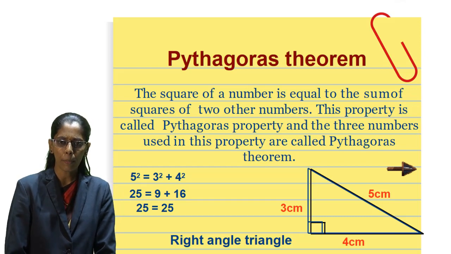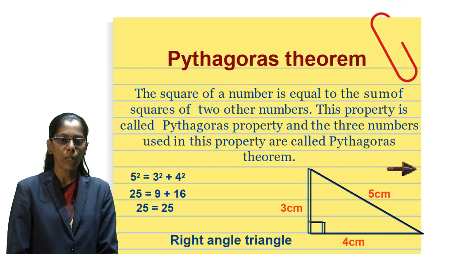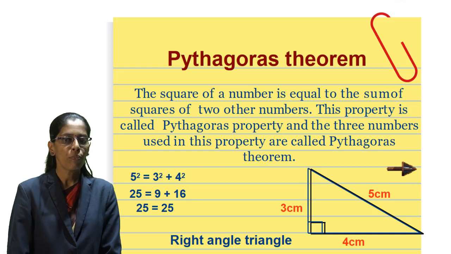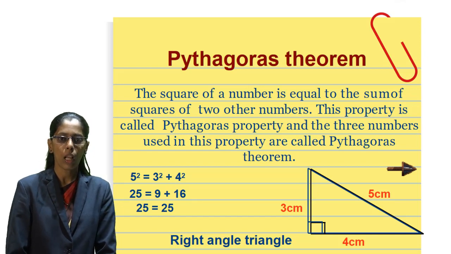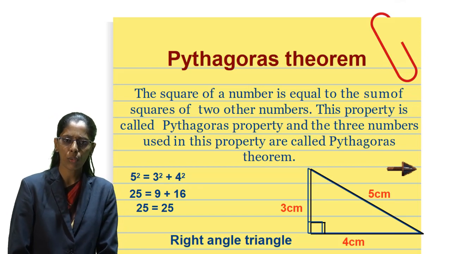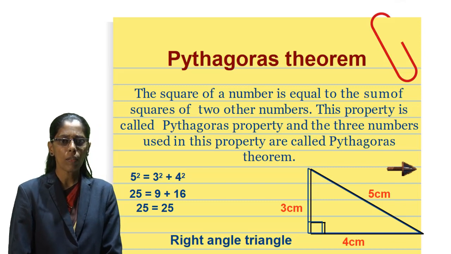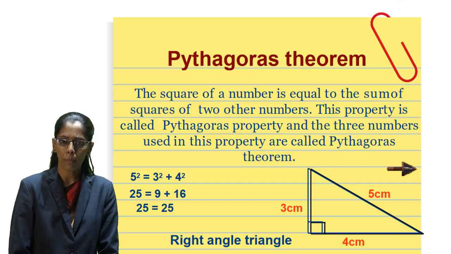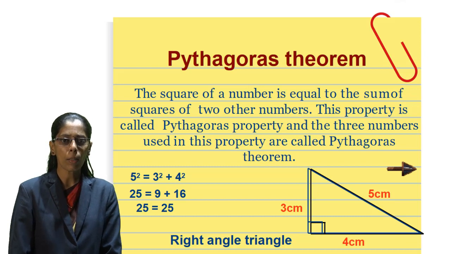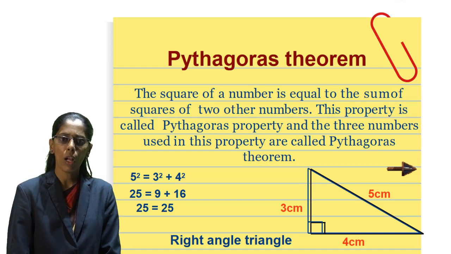Let us see one example. One right angle triangle is given. In that right angle triangle, the length of the hypotenuse is 5 cm, the perpendicular is 3 cm and the base is 4 cm. Then we get LHS equal to 25 and RHS equal to 25. How? The square of the hypotenuse, the square of 5, is equal to the sum of the squares of the other two sides, the square of the perpendicular plus the square of the base. So square of 5 is equal to square of 3 plus square of 4.